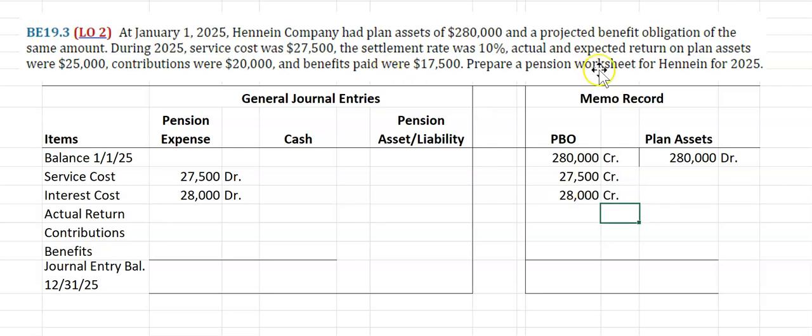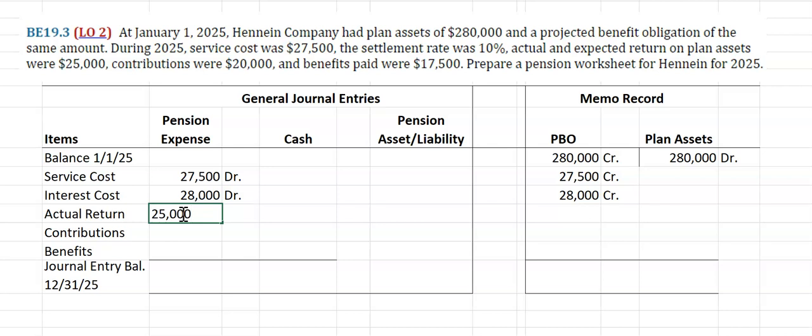Next one is expected return on plan assets. So this return is also a part of the expense, but it actually reduces the expense. It's a return, so we'll show it in the same column, but remember, returns, gains, incomes, all those are credit balance, and it will reduce your pension expense. So we'll record the return $25,000 here.